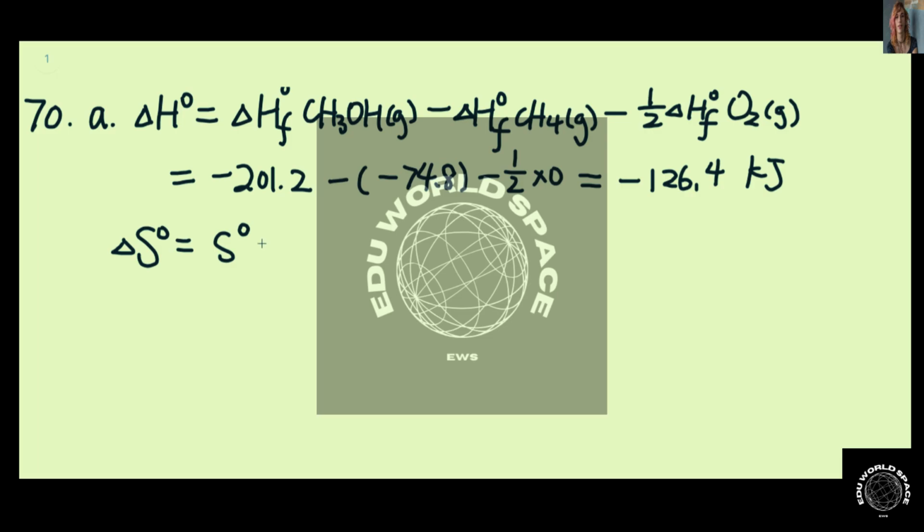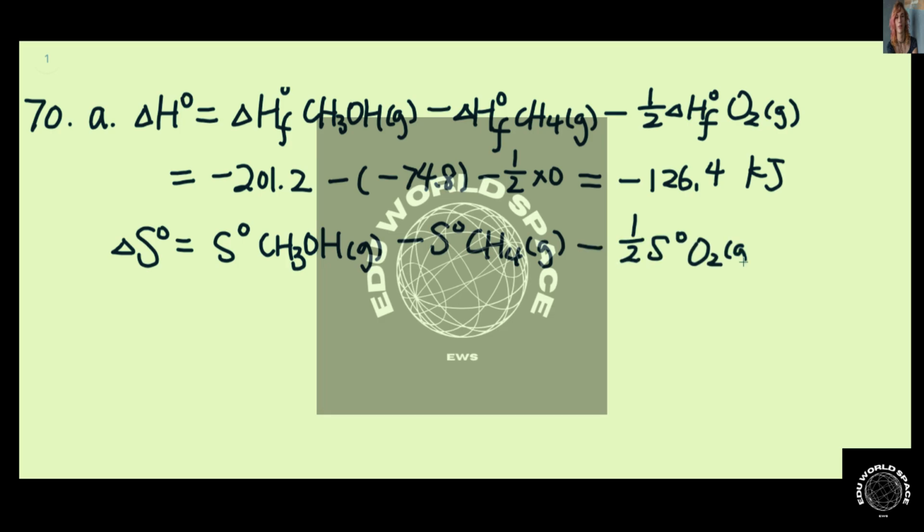And then delta S0 is equal to S0 of the product, which is CH3OH gas, minus S0 of CH4 gas, minus 1/2 of S0 of oxygen gas.